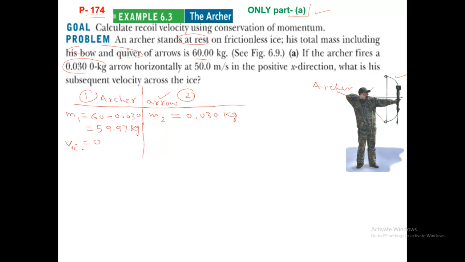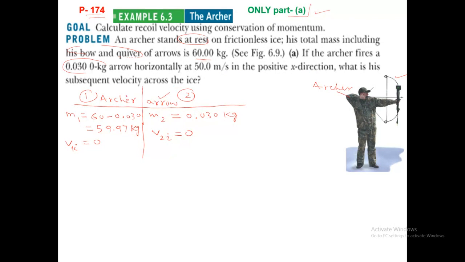The man is at rest, the archer is at rest, so V1 initial is 0, and V2 initial is 0. The archer fires in the positive x direction. What is his subsequent velocity across the ice?